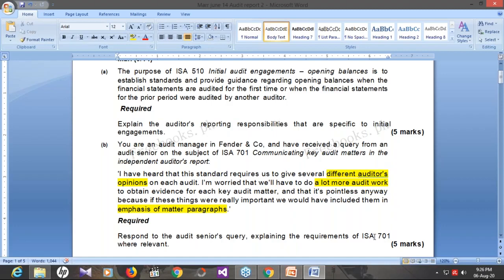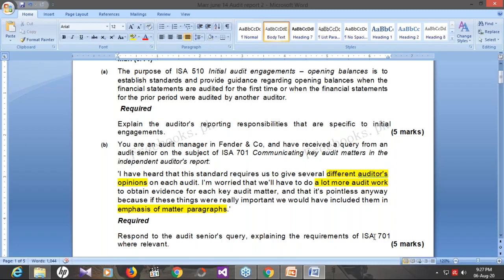The second point that he has discussed is that we have to increase our audit work. You need to discuss this as well: this is not the case that audit work increases due to CAM. CAM are the matters which the auditor has already considered and obtained evidence for.